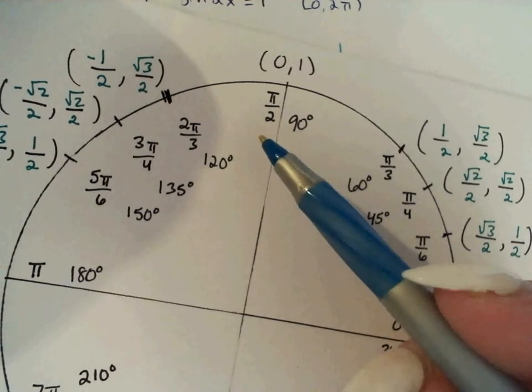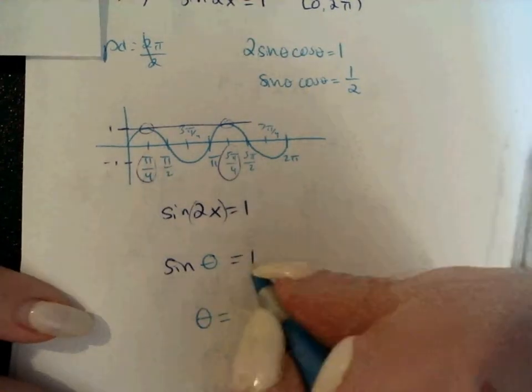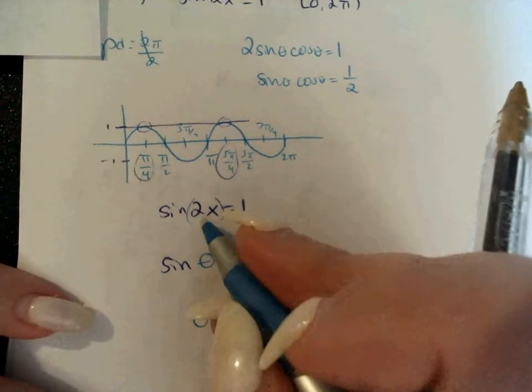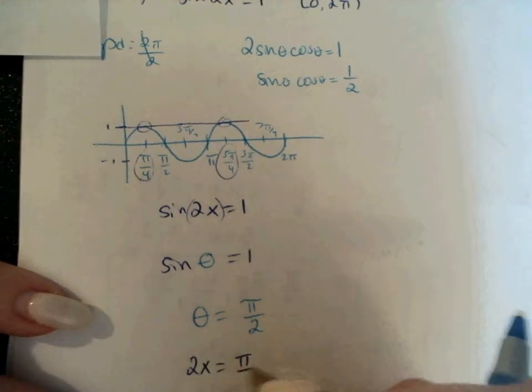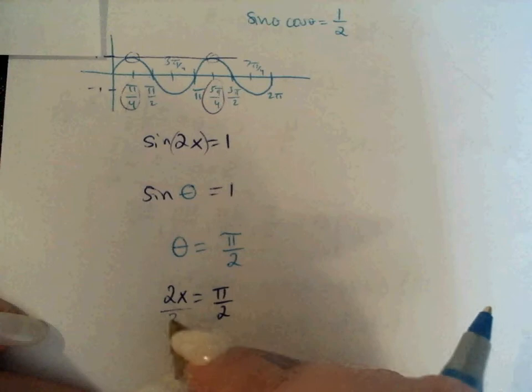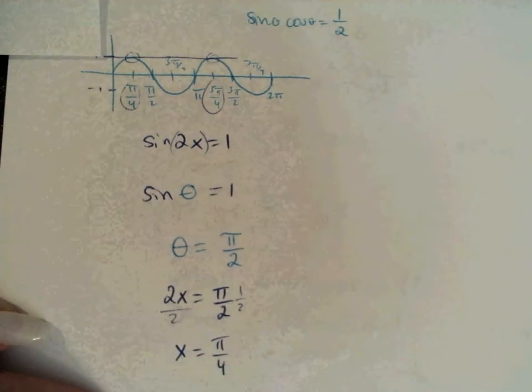That's the only time on the unit circle that sine equals 1, so I'm going to say at pi over 2. But theta is 2x. So when 2x equals pi over 2, that means x equals pi over 2 divided by 2, or multiplied by 1/2, and you get pi over 4. So you might notice that this only gives me one of my answers.